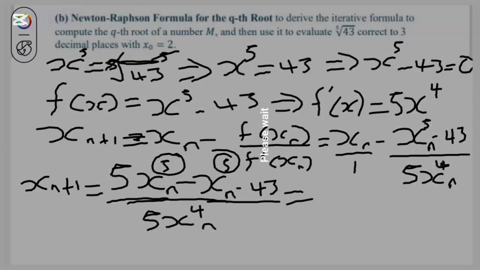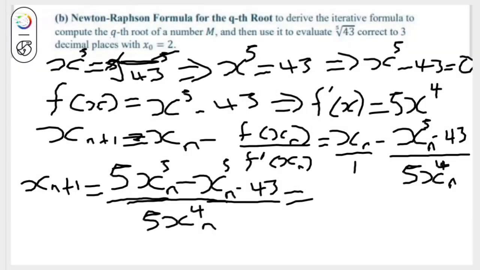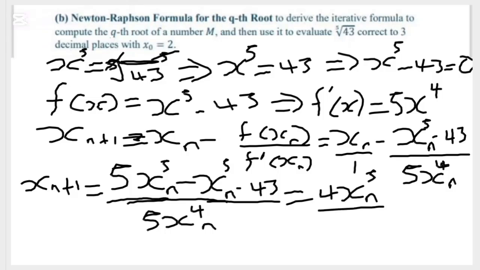As soon as I subtract them, I will get 4x power 5 as the subscript of n, and then, sorry, this I have to put in brackets. I have to say minus, this is in brackets, and therefore when you distribute, it will become positive 43 divided by 5x power 4 of n.